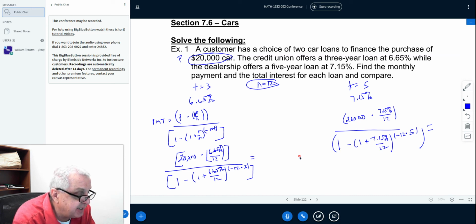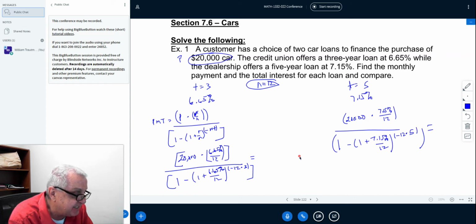Good luck trying to type this in, especially for me. Parentheses, 20,000 times another parentheses, 6.65%, divided by 12. Arrow over, close the parentheses, take it down to the bottom.